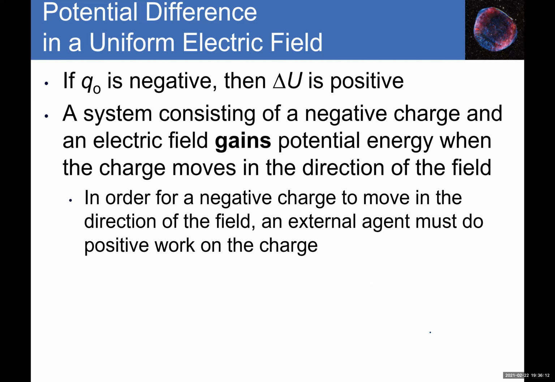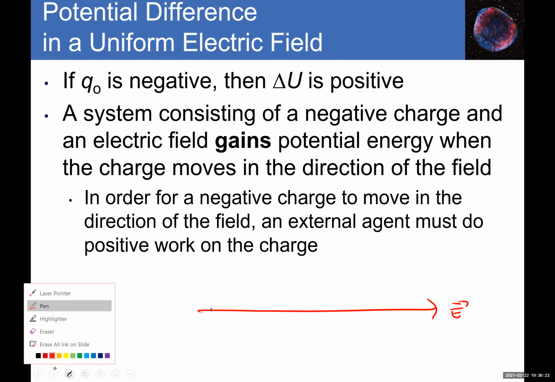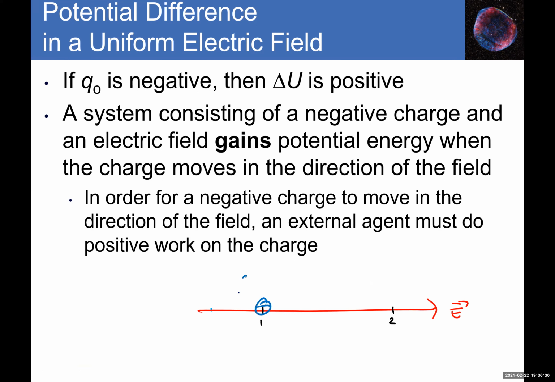Things change a little bit when you have a negative charge, right? If q naught is negative, then delta U is positive. Because if this is your electric field, and let's say you have point 1, point 2, but this time you have a negative test charge.